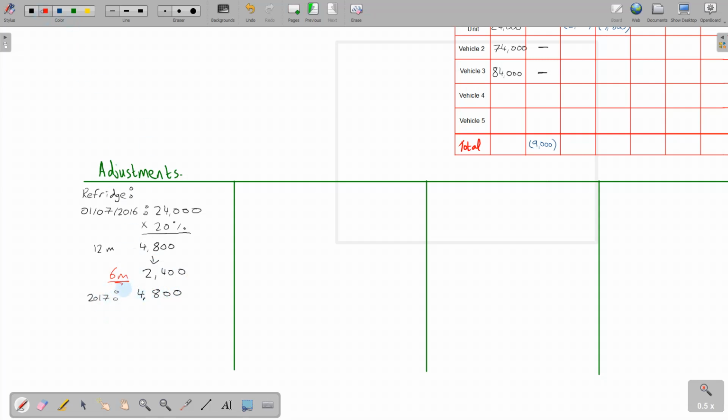So that's 12 months, so that's perfect. Now, in total, that's only 18 months. So the next 6 months will also have to be at a rate of 20%. So 2018 all the way up to the 30th of the 6th, 2018, we're still going to have to charge 20%. So that's another 6 months, and that's 2,400.